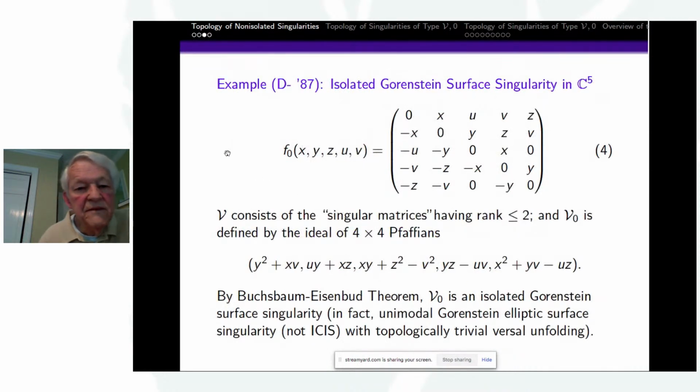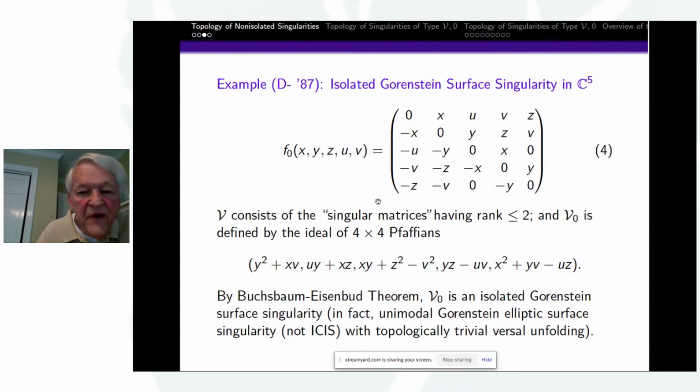My own personal interest in this actually arose quite a while ago, and here's an example of a mapping into 5x5 matrices, but they're skew symmetric. So this adds an extra interesting feature to these kinds of singularities. All 5x5 skew symmetric matrices are singular.